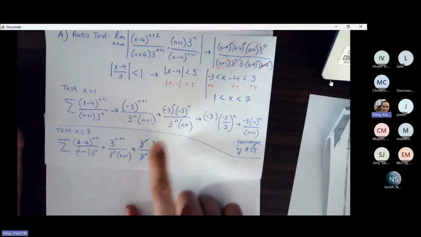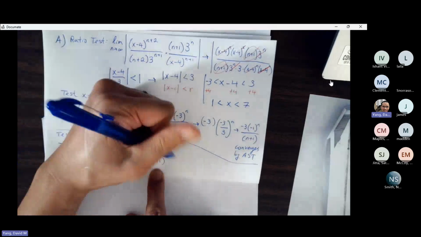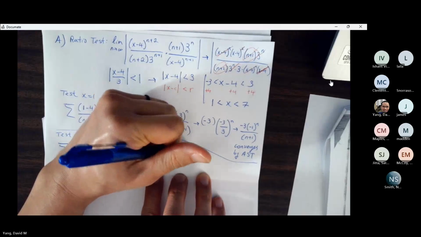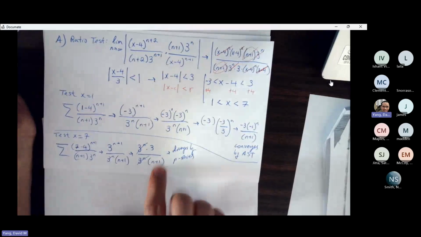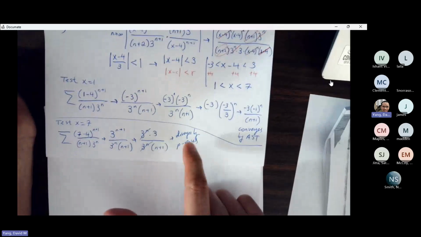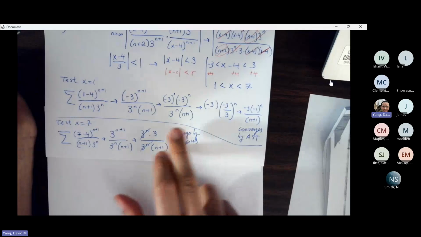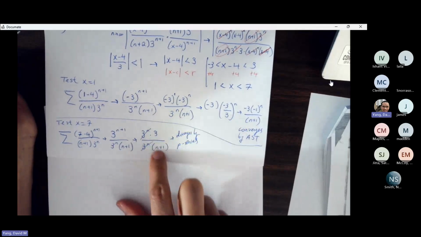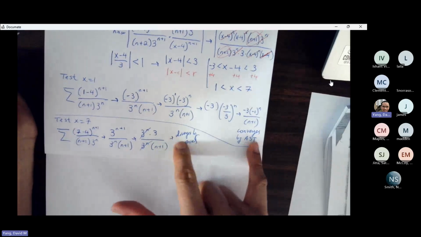There is no alternator. This is basically in the family of 1 over n, and we know 1 over n diverges by p-series. We could convince ourselves by going through the limit comparison test, comparing this with 1 over n, but if you recognize, okay, this is basically a p-series, my p-value is equal to 1, I can say it converges here and diverges here.